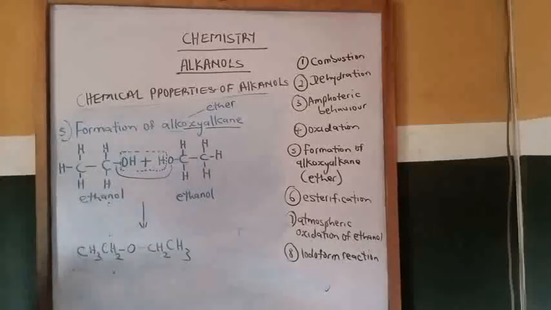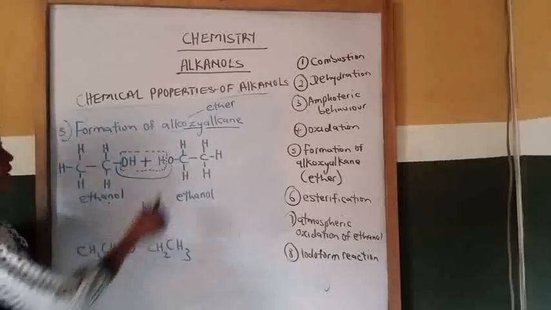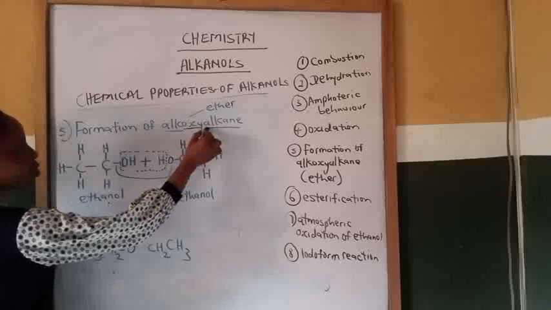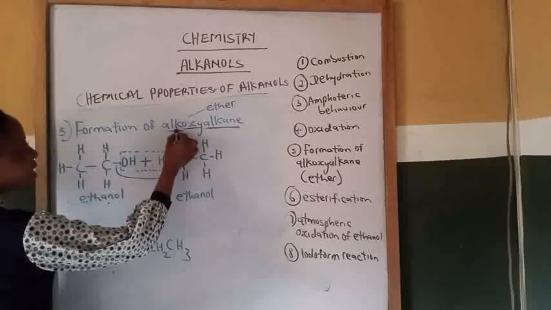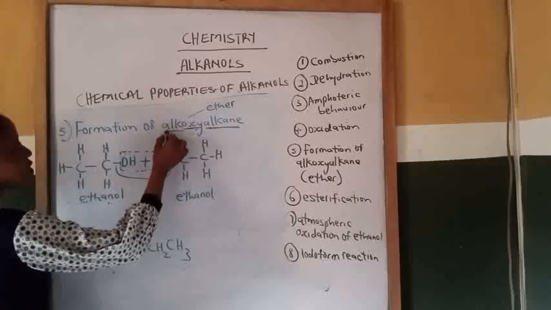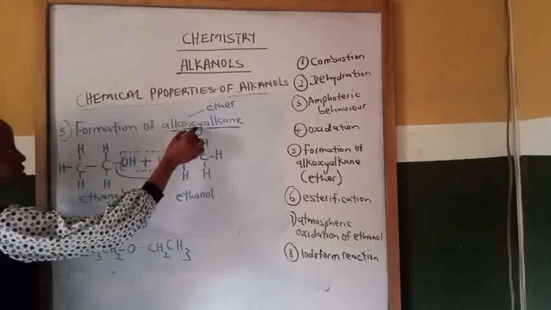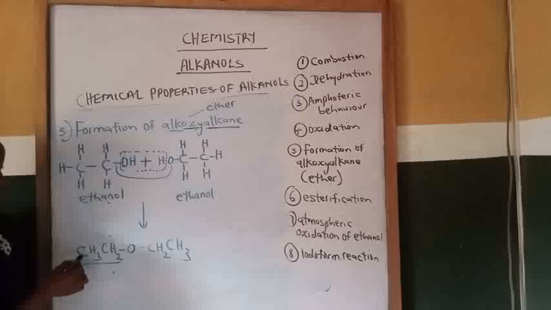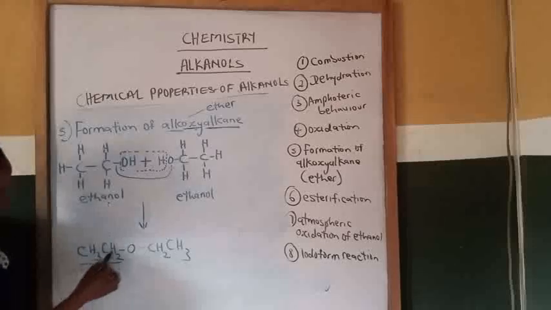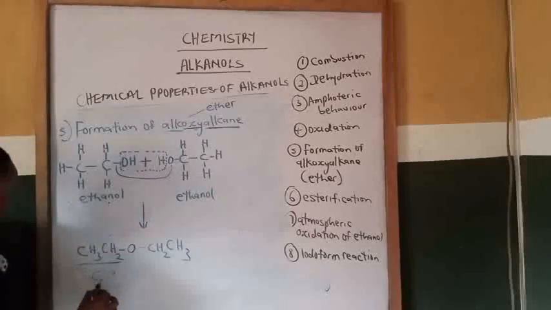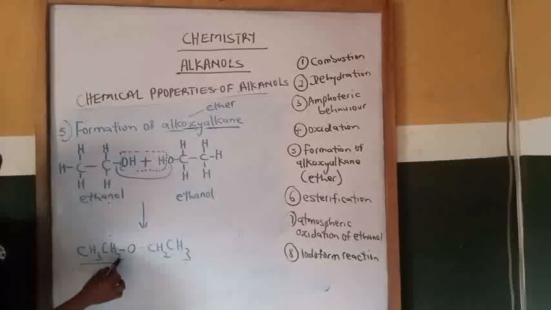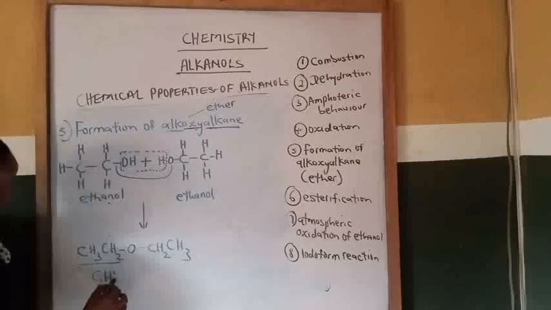So what is the name of this product? Don't forget that alkoxy is alkyl, oxygen, and alkane. So alkyl and oxygen will give us alkoxy. So what are you going to call this one? I can also change this product to CH2, 2 carbon atoms with 5 hydrogen atoms, 3 plus 2 gives us 5.